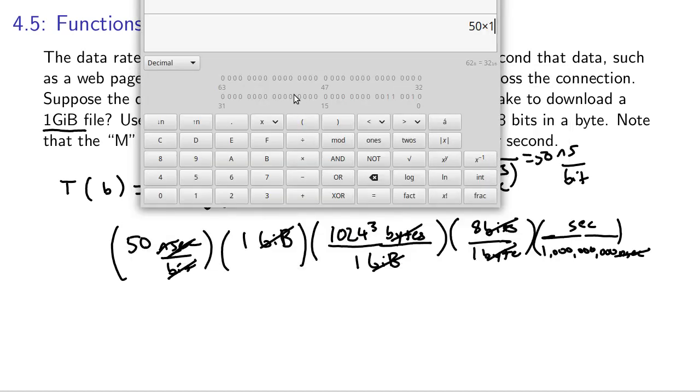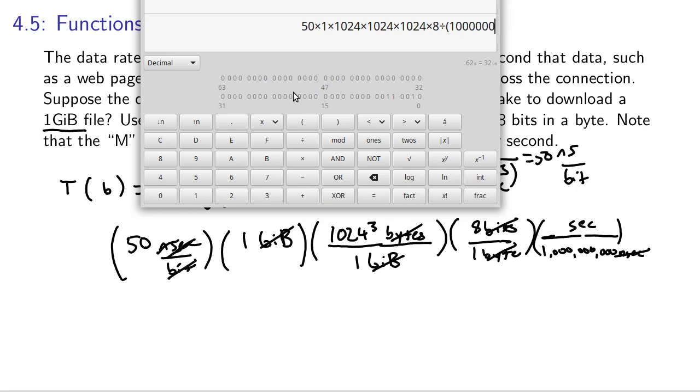So 50 times 1, which is just going to be 50, times 1024 cubed. Remember, 1024 cubed is just 1024 times 1024 times 1024, times 8 bits per byte, divided by 1 million. Or sorry, 1 billion.